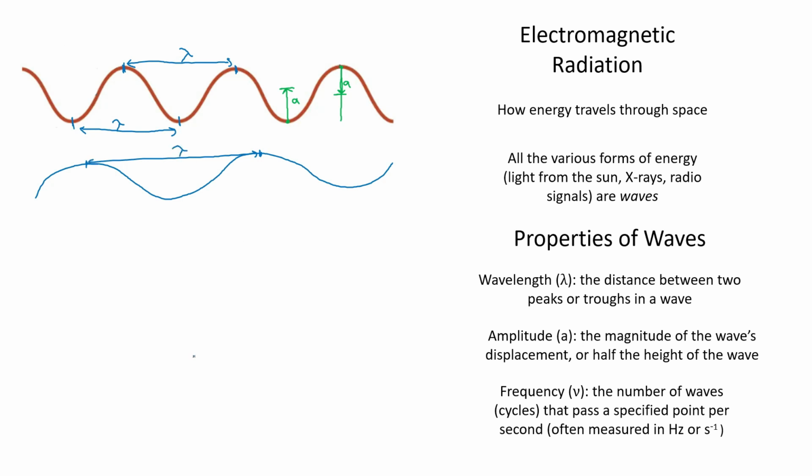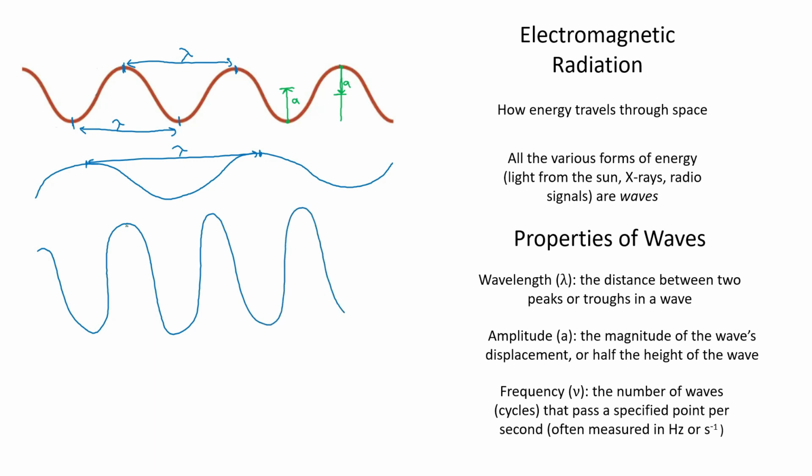Now let's see what it looks like when I change up amplitude. So if I make the amplitude very large, it's going to look something like this. Again, my amplitude is from my peak down to halfway, or I could measure from my trough, again, up halfway, and that would give me my amplitude.